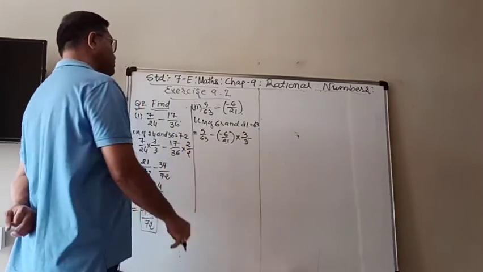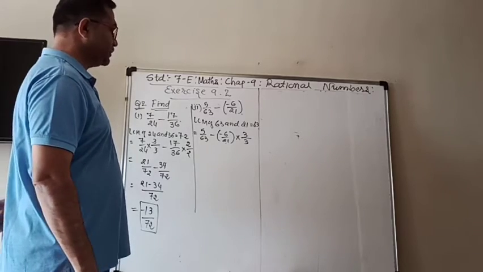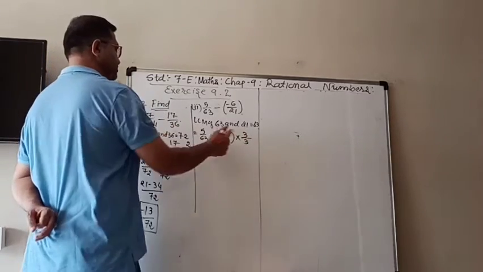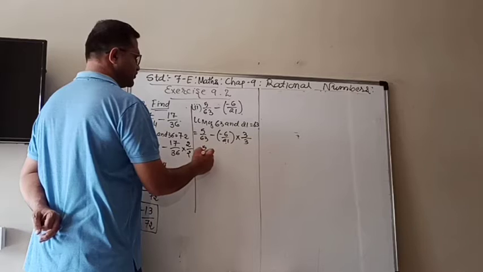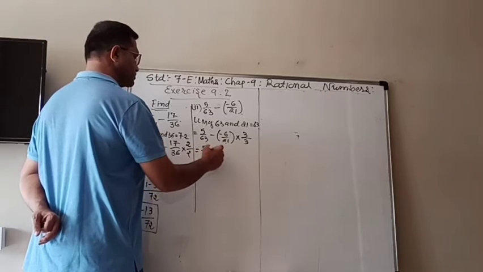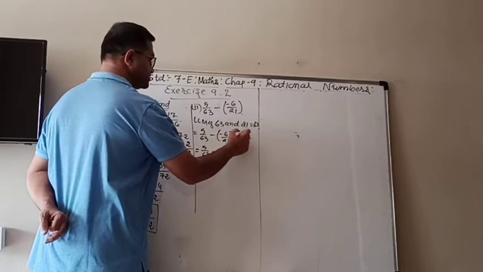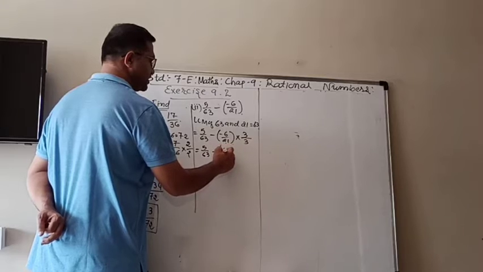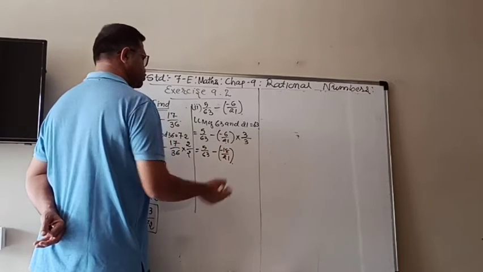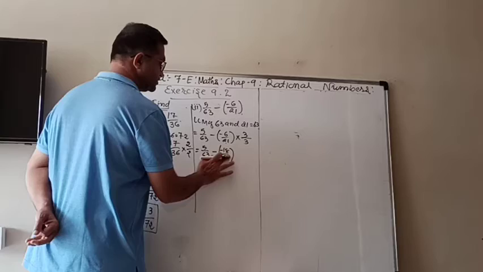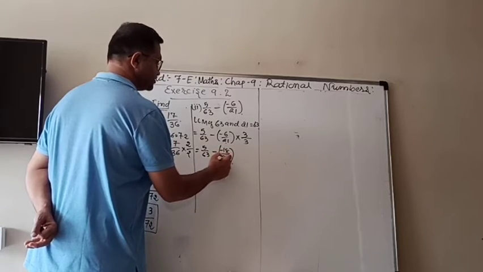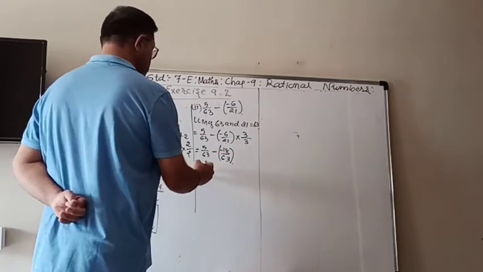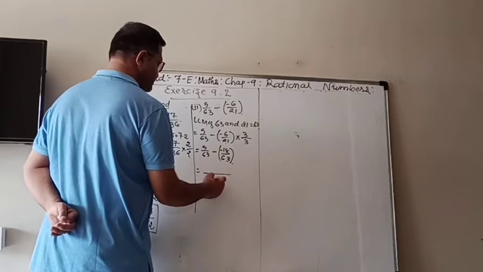21 3s are 63, so we have to multiply it by 3 upon 3. That is 5 upon 63 minus 6 3s are 18 upon 63. So now we have the same denominator.